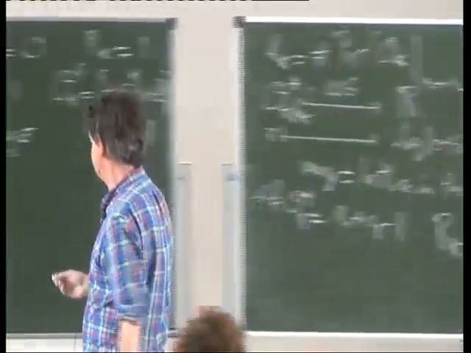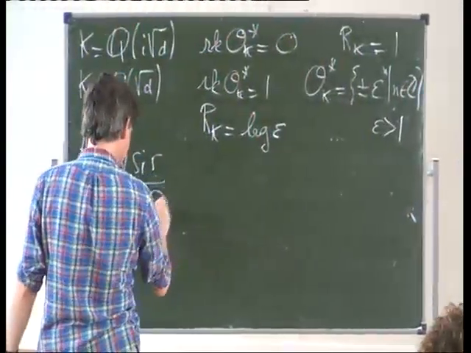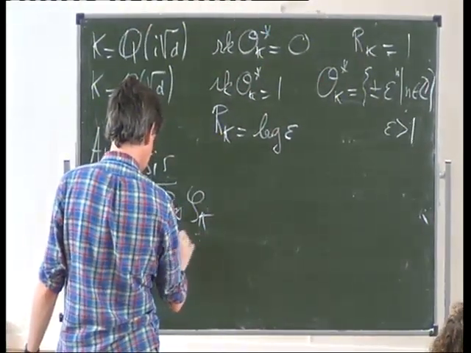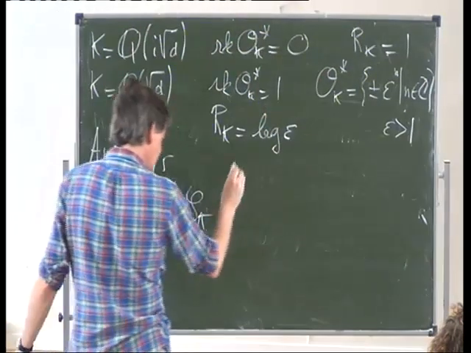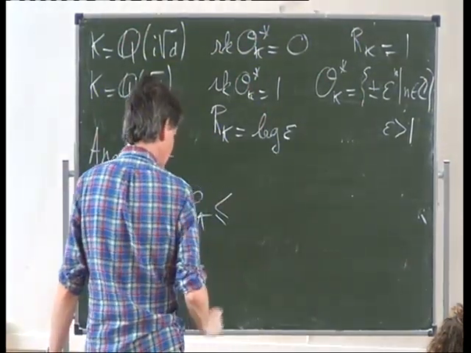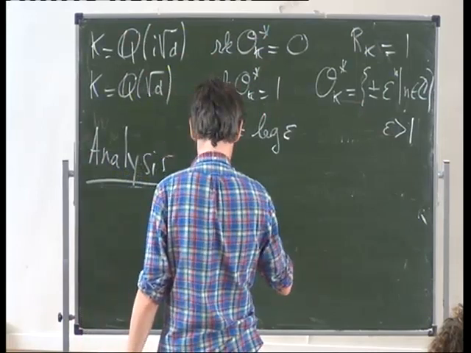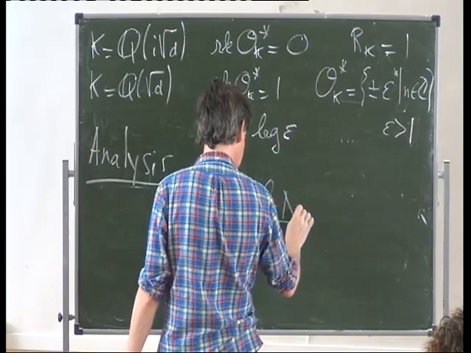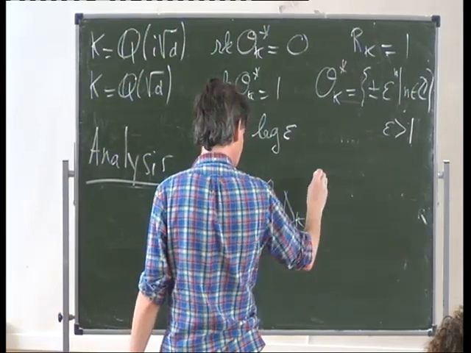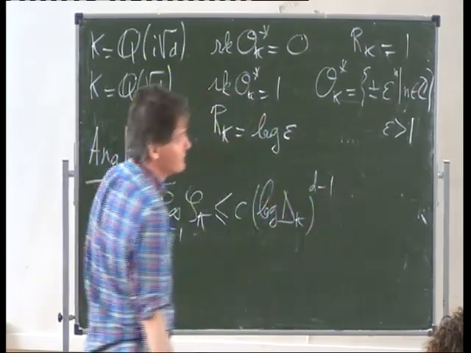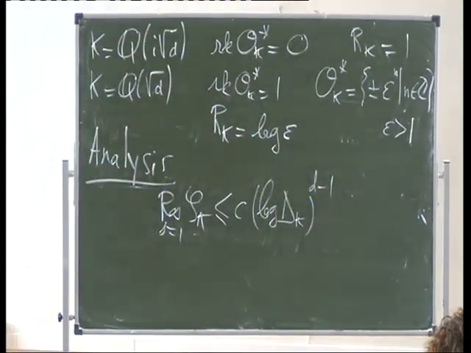What you can show is that the residue of this function at s equals 1 is smaller than some constant times the log of the discriminant to some power, d minus 1, if d is the degree of the field.